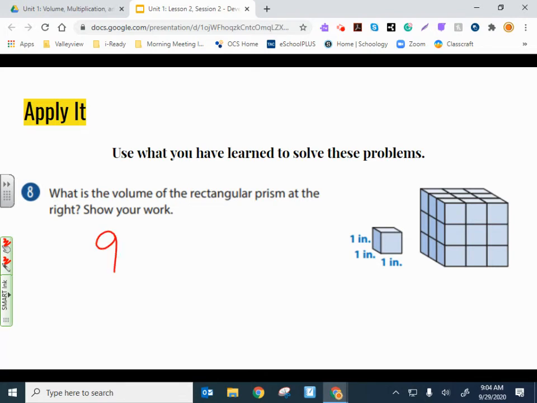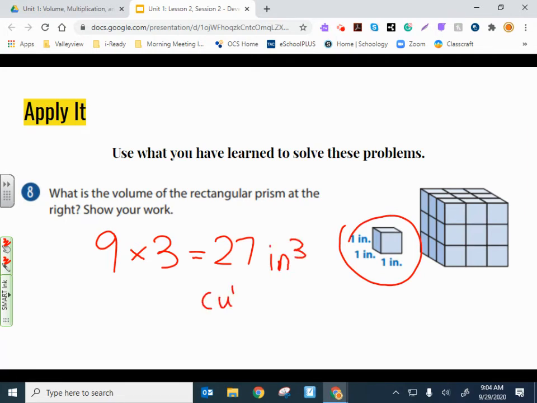And then I see that there's 3 slices. So my answer is 27. But again, since we are using inches, I have to make sure that my answer is written as cubic inches or cubic inches with the little 3. Both of these are the same, so you can use whatever you like.